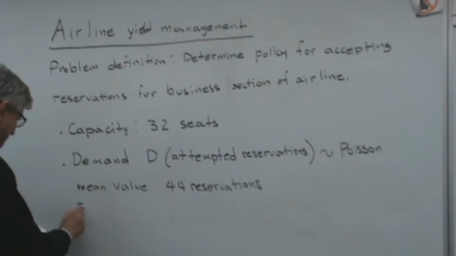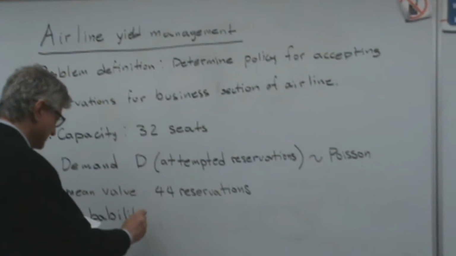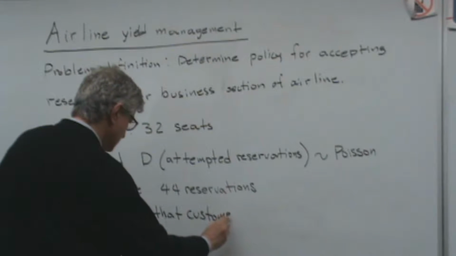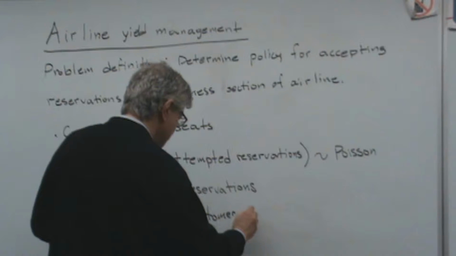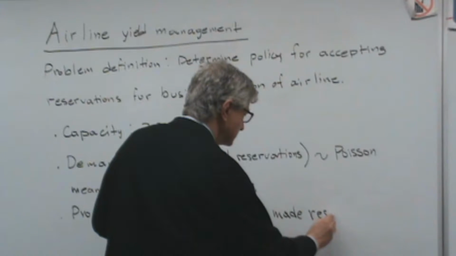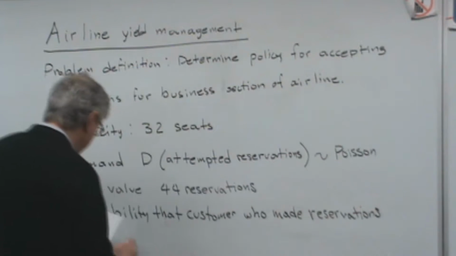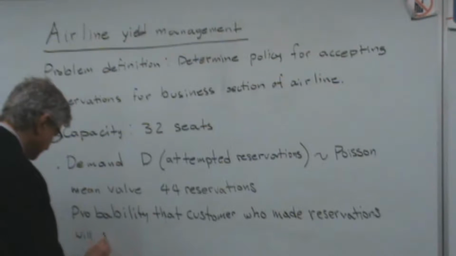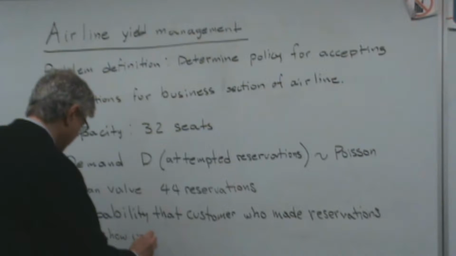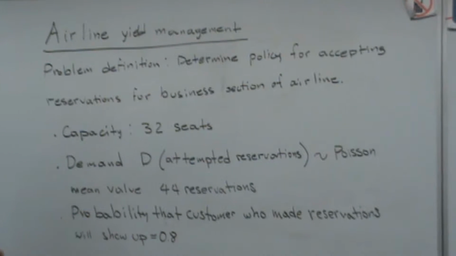So the probability that a customer who made the reservations will show up is 80% or 0.8, okay?